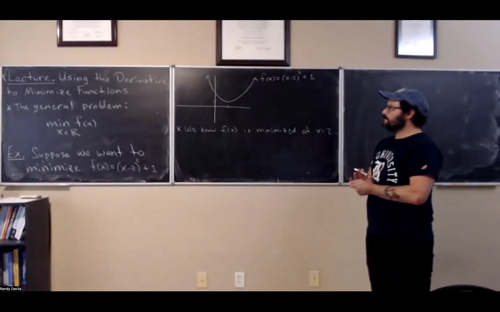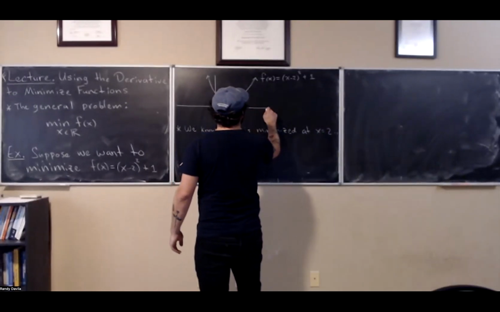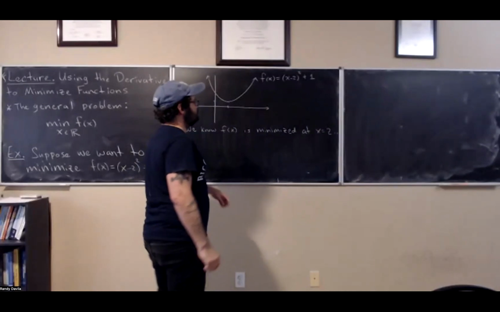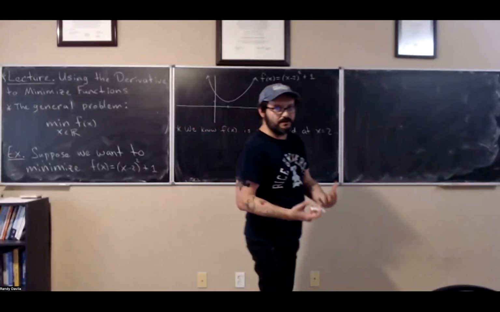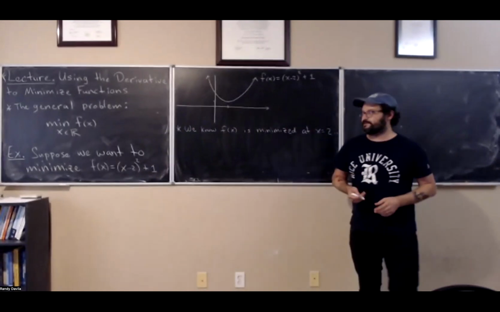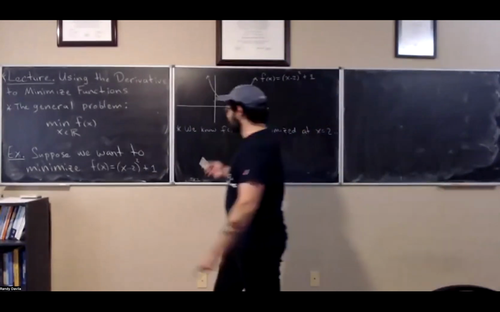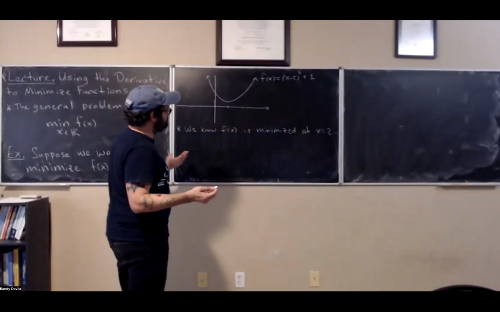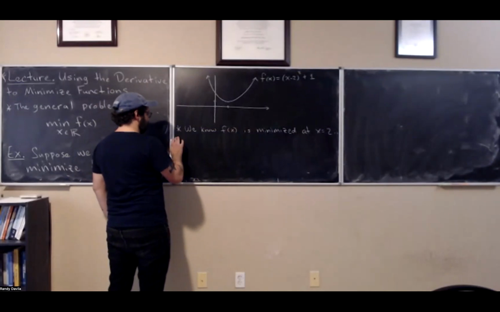So what we're going to do is suppose that we don't know the minimum, right? This is a very simple function. But let's suppose that we do not know this answer. Can we still find it? Well, we need to observe a few things.